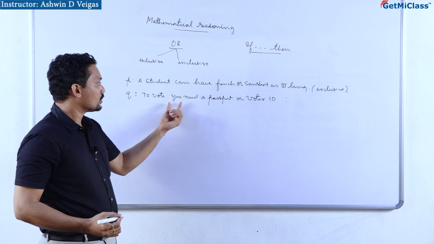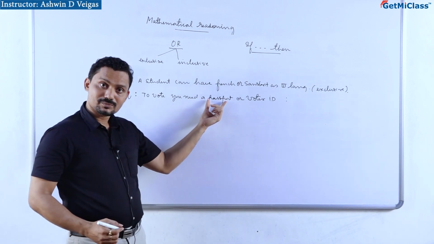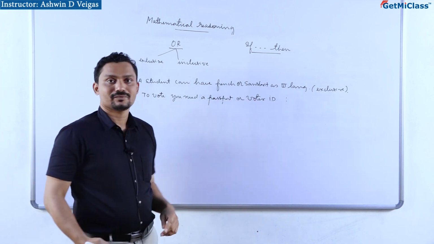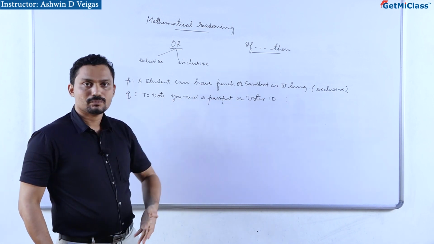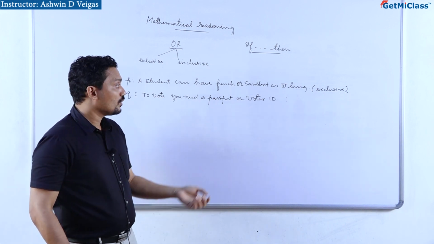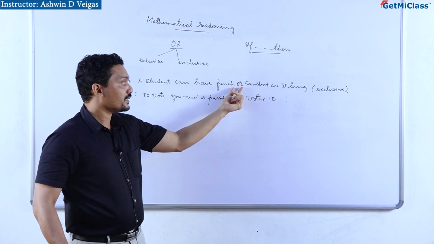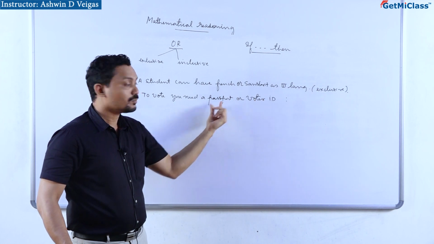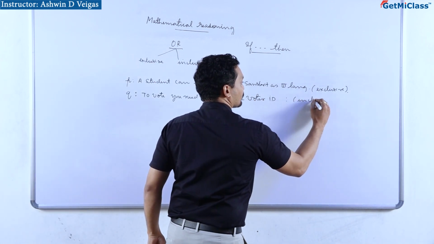That means you can have a passport, you can have a voter ID, you can have both also. If passport is there, you can show the passport. If voter ID is there, you can show voter ID. Also, you can bring both. Here it is not like the earlier or. In this or, both are possible. Such or are called inclusive or.